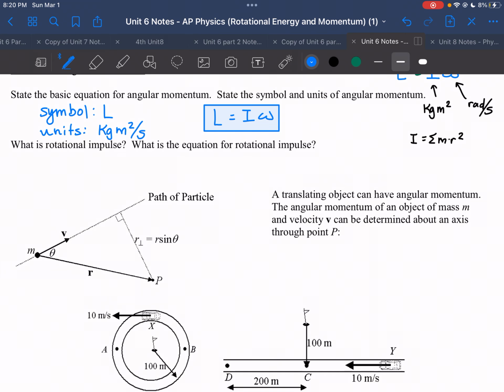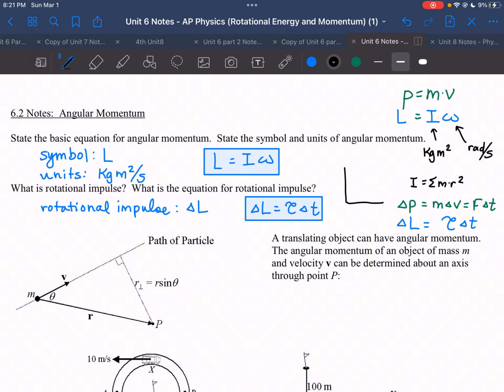Now, this is useful because if you have a torque versus time graph, this is what you can expect to see. If you have a varying torque, so let's say it goes up like this, then if you want to find the change in angular momentum, all you need to do is find the area under the curve.